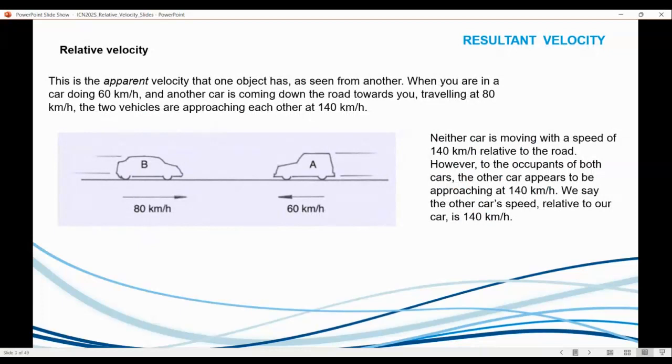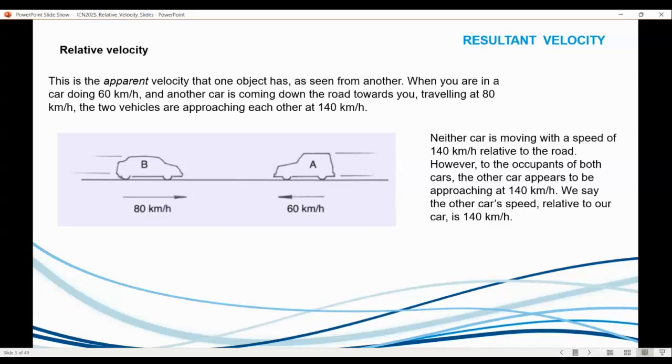So what is a relative velocity, right? They say this is the apparent velocity which one object has as seen from another. So that's very important, guys. When we talk about the relative velocity, we're looking at the velocity of one body relative to another. For instance, when you're traveling in a car doing 60 kilometers per hour, that's car A there, and another car is traveling at 80 kilometers per hour.